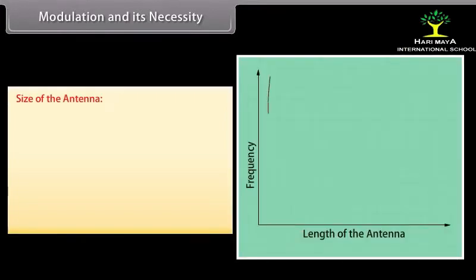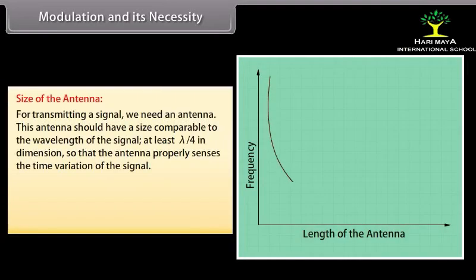Size of the antenna. For transmitting a signal, we need an antenna. This antenna should have a size comparable to the wavelength of the signal, at least lambda by 4 in dimension, so that the antenna properly senses the time variation of the signal.